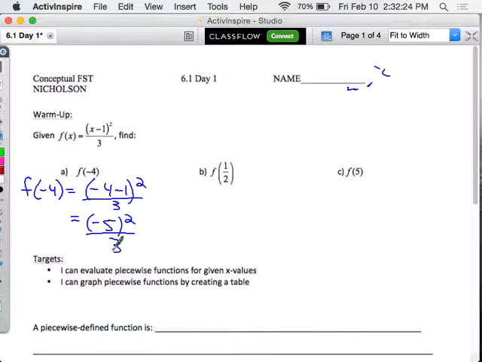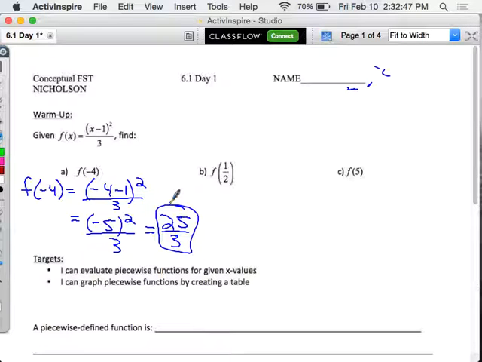When you do this on the calculator, make sure that you keep negative 5 in parentheses. So negative 5 squared is negative 5 times negative 5, which is a positive 25, divided by 3. So this gives us 25 over 3. And that's some sort of decimal, but I'm just going to leave it like that.